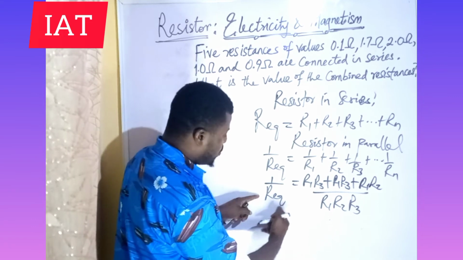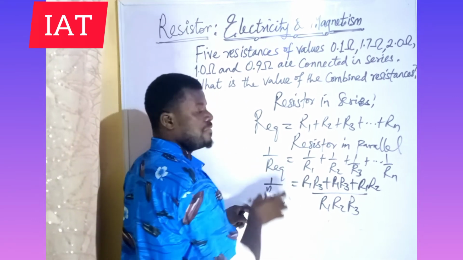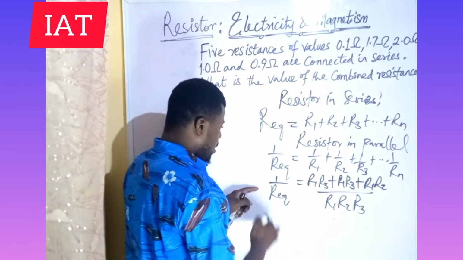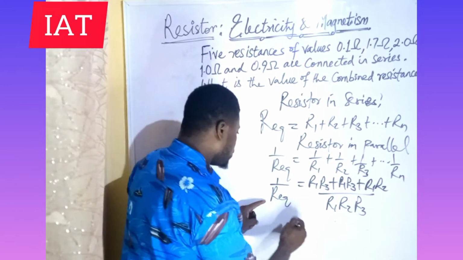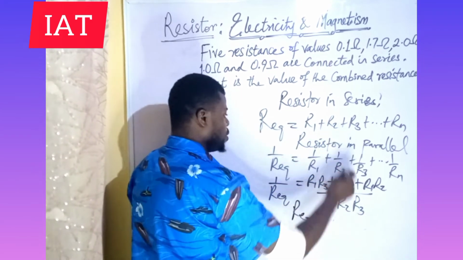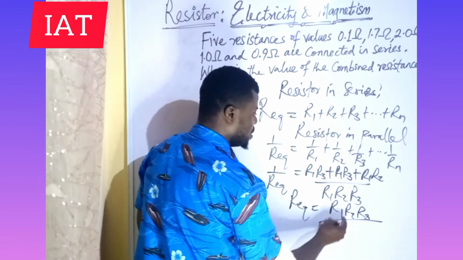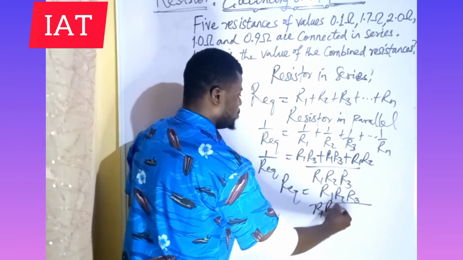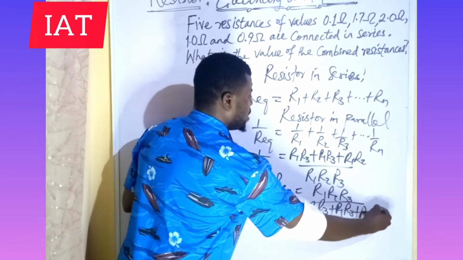So if I want to get this equivalent resistance, I will have to invert this. And if I'm inverting the left hand side, the right hand side also has to be inverted. That is because 1 over is the reciprocal or the inverse of this equivalent. So R equivalent will become R1 R2 R3, the product of those three, divided by R2 R3 plus R1 R3 plus R1 R2.